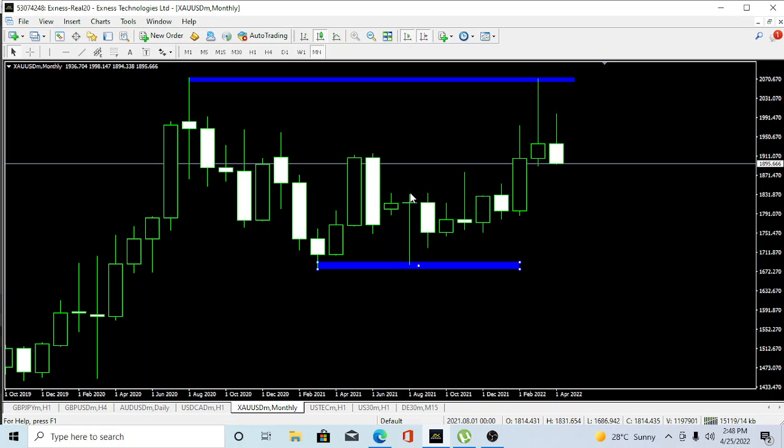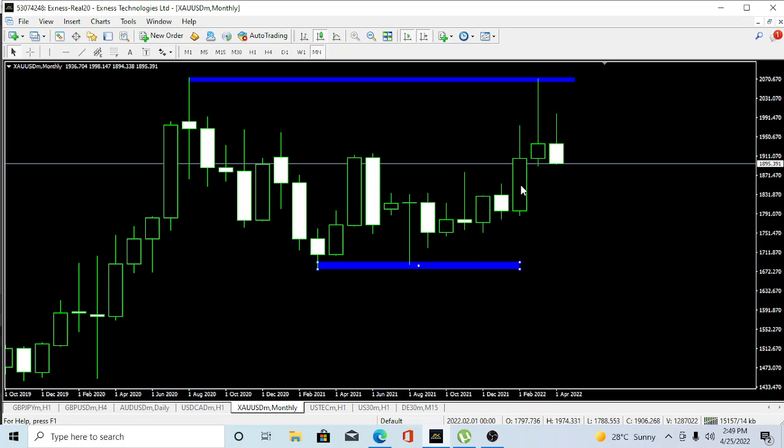You can see the size of the rejection here. It is very massive. This also clearly indicates that the sellers had no power to penetrate through this level and clearly violate it, pushing price to the downside. So it pushed price higher, and a similar situation is currently happening here.